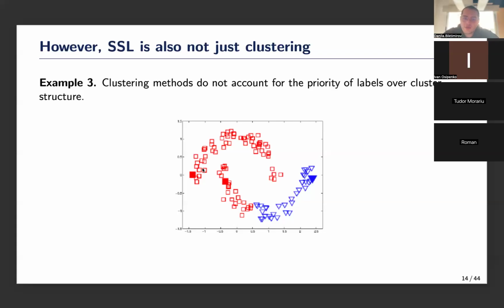Imagine a case where we apply SSL to the two moons, or two bananas, problem. Suppose a teacher provides a few labeled points, and assigns one point from the lower banana to the same class as the upper one.